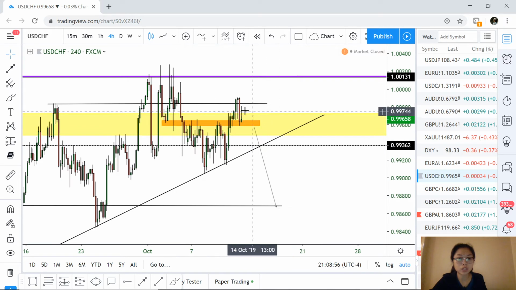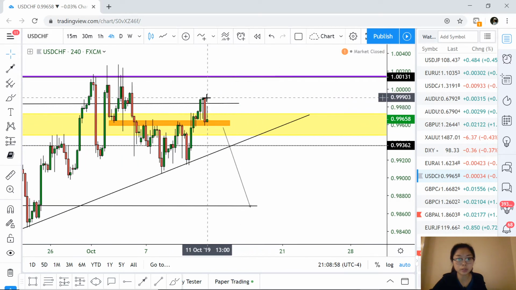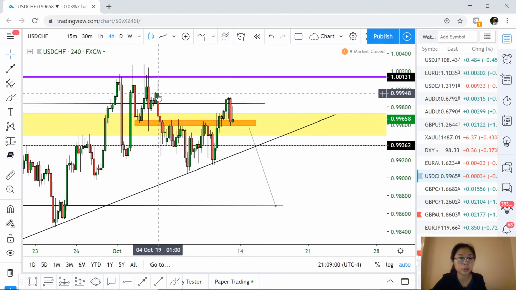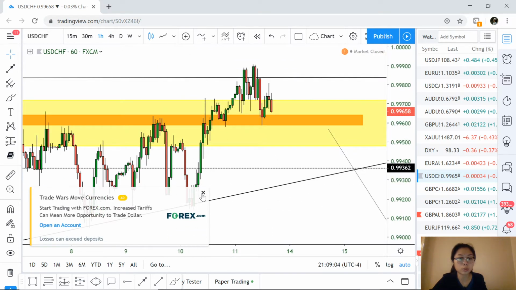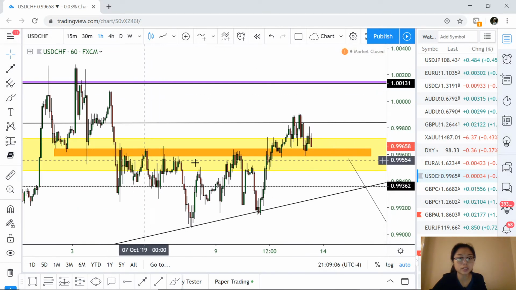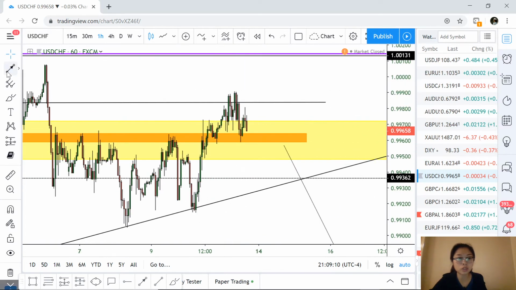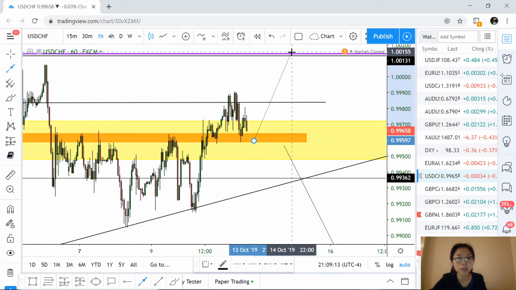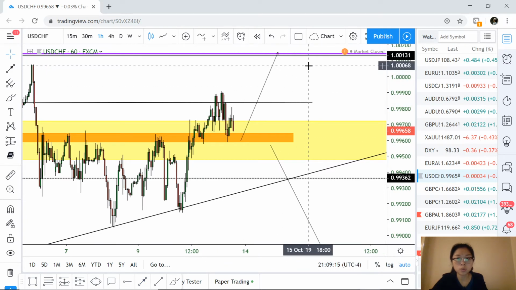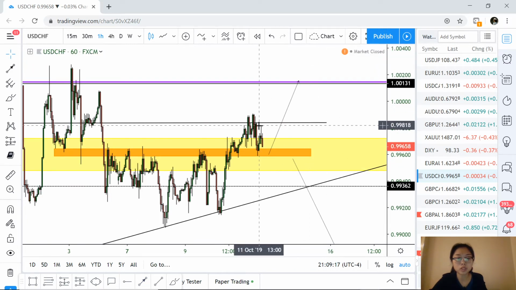We have a rejection. We have a bearish engulfing, but I'm not looking at one candle. If you look on a 1 hour, we have a break of consolidation resistance, and we have a retest. So this actually might go retest our 1.0 price level. So two ways.